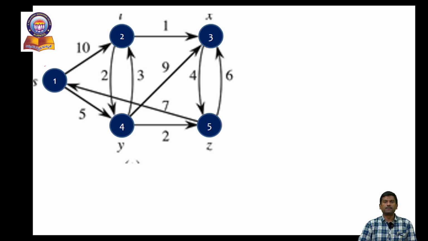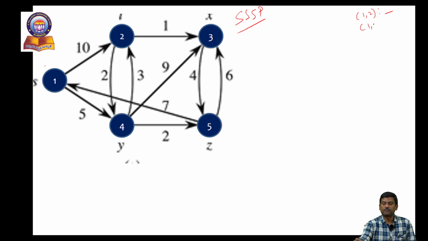So given this weighted directed graph, you need to find the single source shortest path distance. That is, you take any source vertex, say the source vertex equal to 1. From 1, in order to reach 2, what is the minimum, the shortest distance?